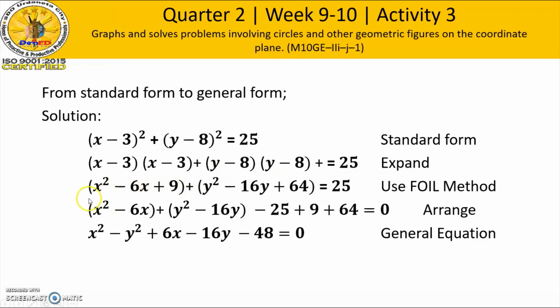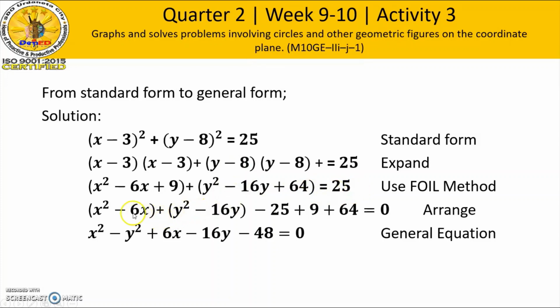By multiplying x - 3 by x - 3, we have x² - 6x + 9, and y² - 16y + 64, is equal to 25.